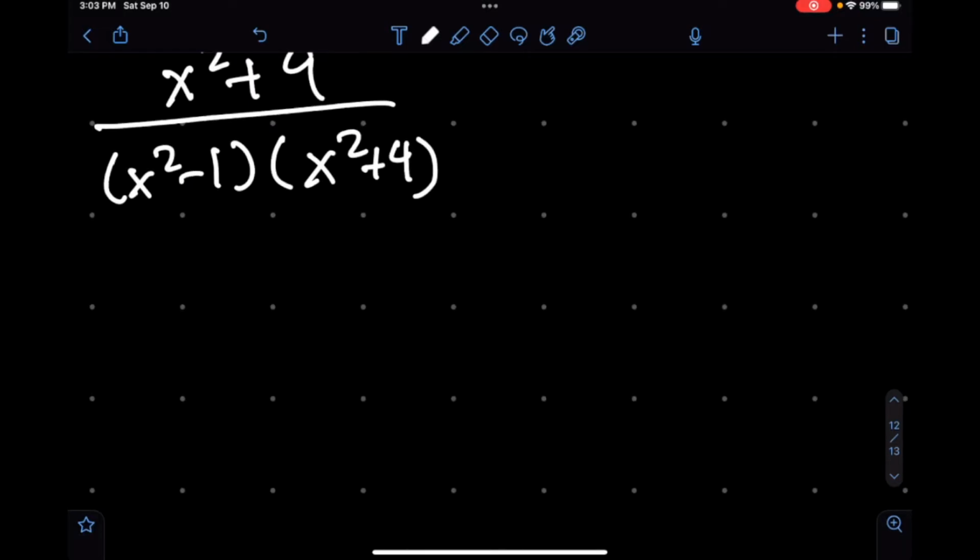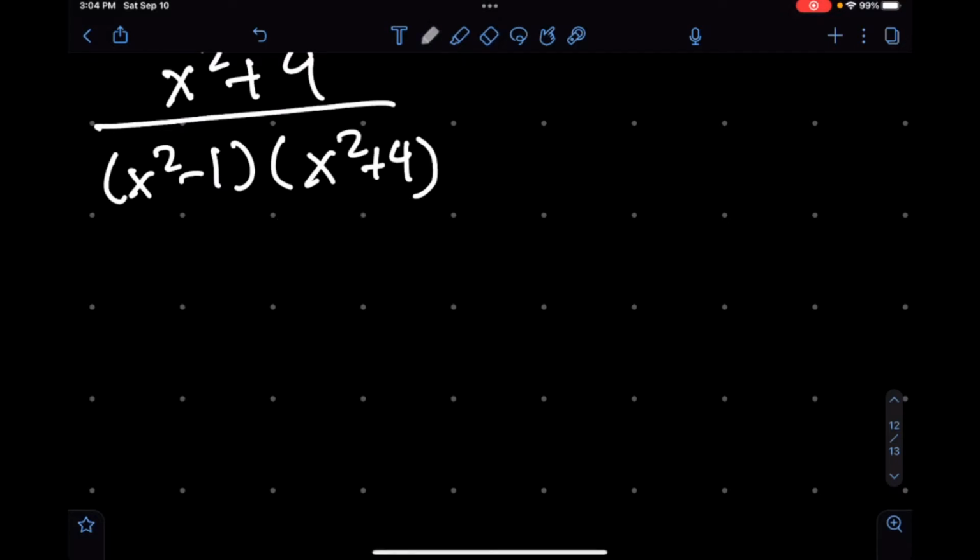Because let's take this x squared plus 4. No matter what number we plug in there, whether it be positive or negative, the square of any number will always be positive. Thus, we get x squared is equal to negative 4, which has no real possibilities. So that term is going to have to stay.